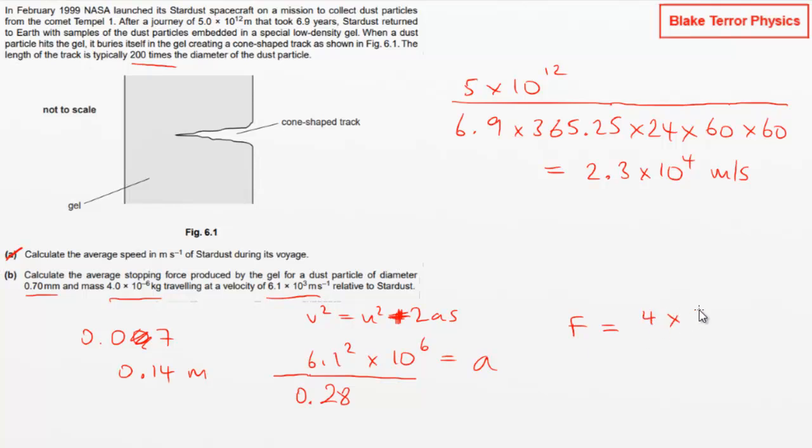So we're going to have 4 times 6.1 squared divided by 0.28. That's our final thing on this. 4 times 6.1 squared is that, divided by 0.28 is 530 newtons, well, 531.6, so 530 newtons to two significant figures.